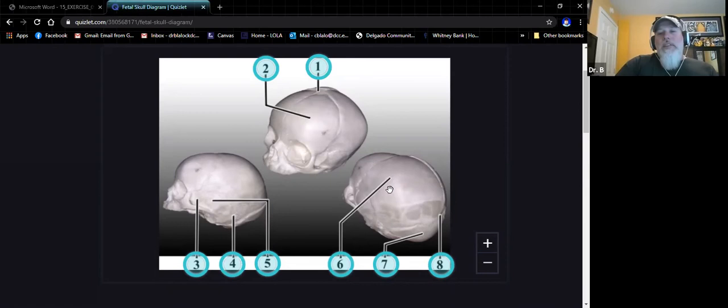Now we said that 6 right here, that's a parietal bone. Number 7 back here, that's going to be our occipital bone. And we said that the posterior fontanelle would be found at the junction of our parietal bones and the occipital bones. So that is our posterior fontanelle.